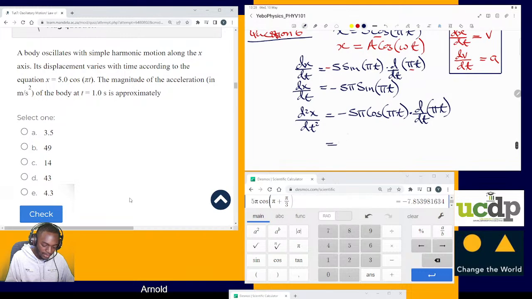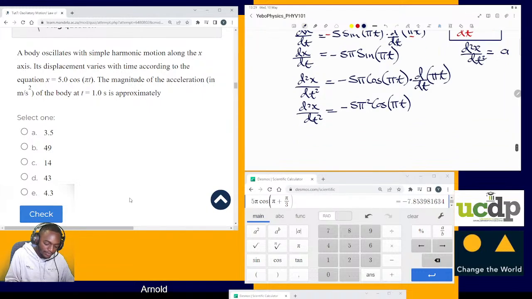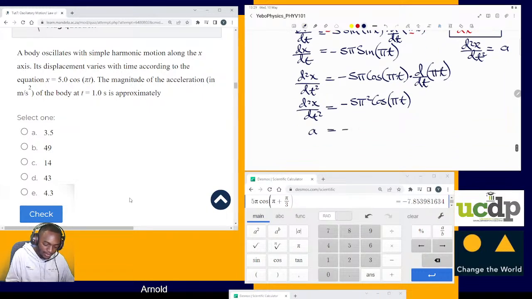If you do that, that will be negative 5 pi squared cos pi t. So this will be our d squared x over dt squared, which is our acceleration. So acceleration is equals to negative 5 pi squared cos pi t.